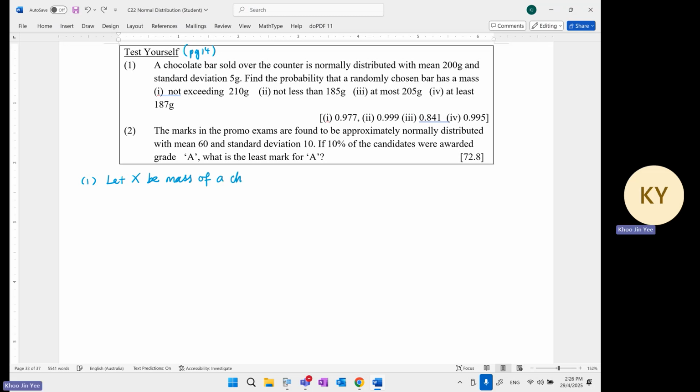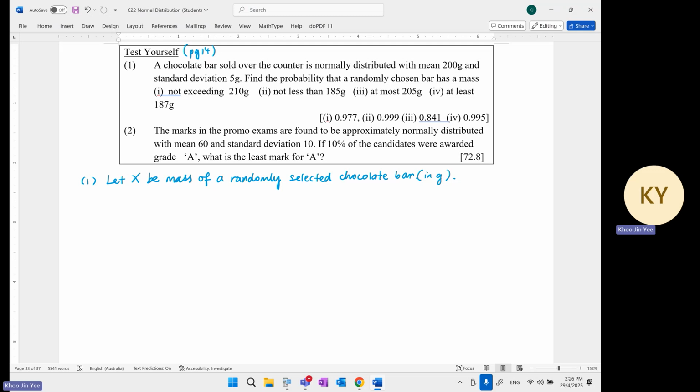Or if you want to be more complete, the most complete answer is the mass of a randomly selected chocolate bar. And the units will matter a lot.